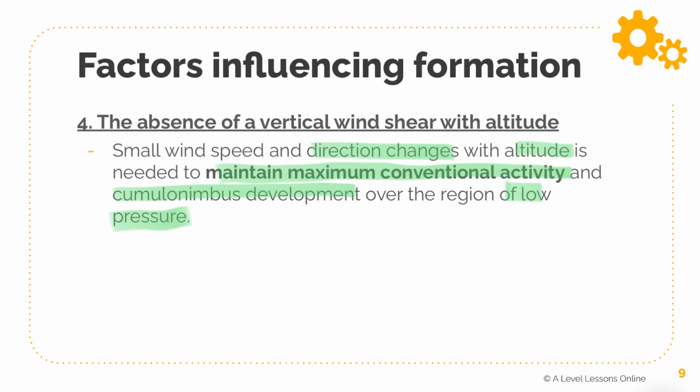So that the heat being supplied to the cyclone, for it to form more clouds and more rain bands, can be continually supplied. That is the reason why there has to be the absence of a vertical wind shear with altitude.